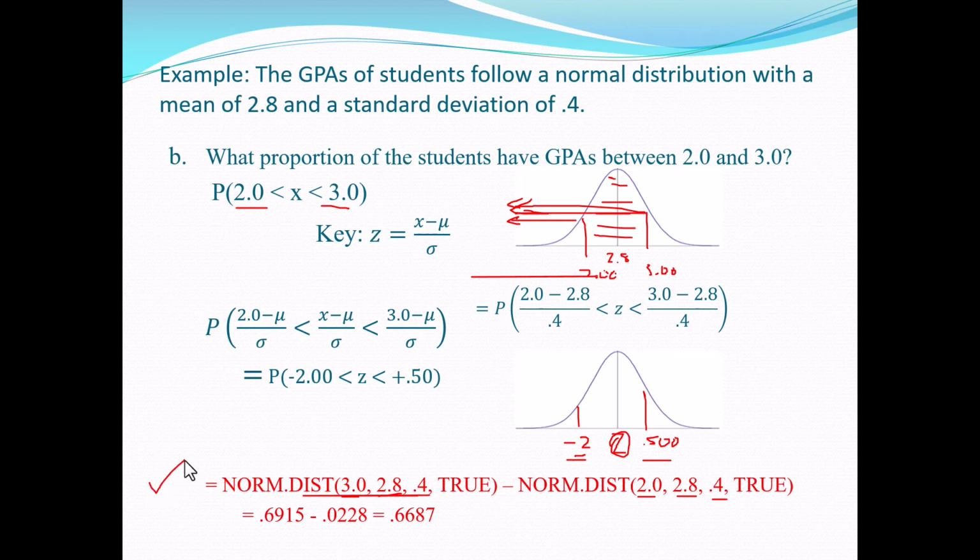So much easier to use the normal distribution function. I'm going to require it. When you do project work for me, you're going to have to use the normal distribution function to get your answers. So get good at it now. Try solving normal distribution probabilities using the norm.dist function.